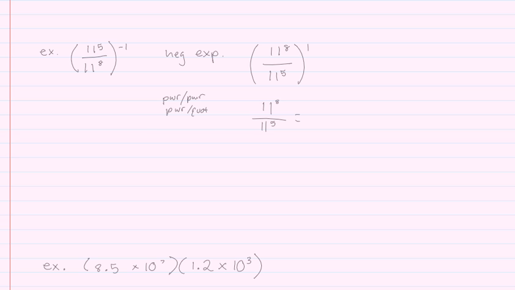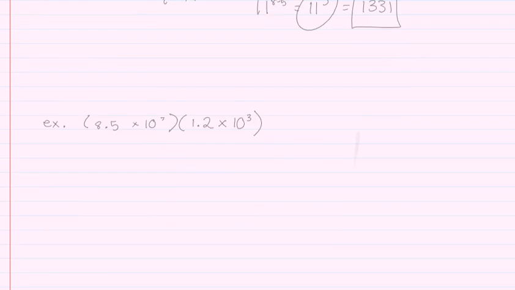And then, with that, I can take the quotient of a power. So then that becomes 11 to the 8 minus 5, which is 11 to the 3rd. That is equal to 1331. Okay, this is simplify, and this is evaluate.